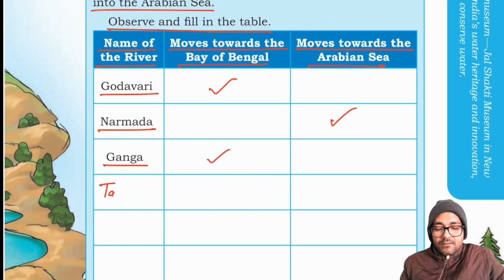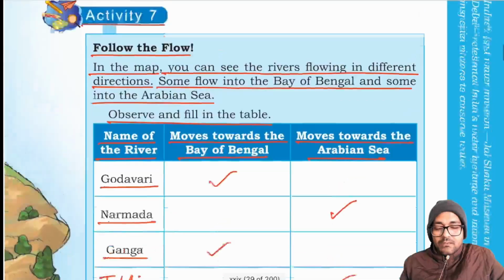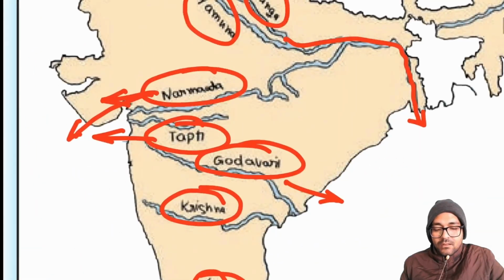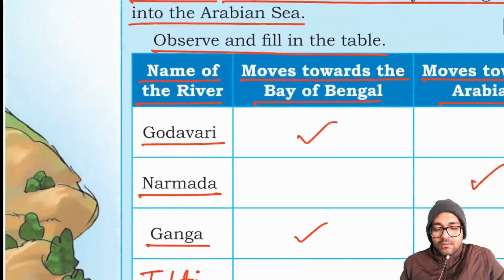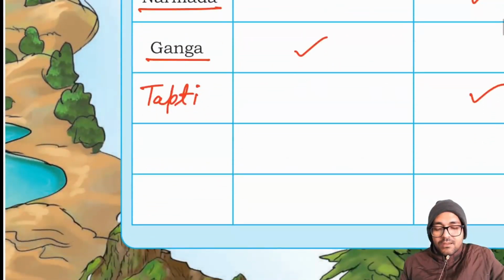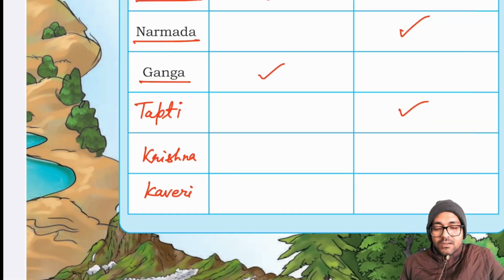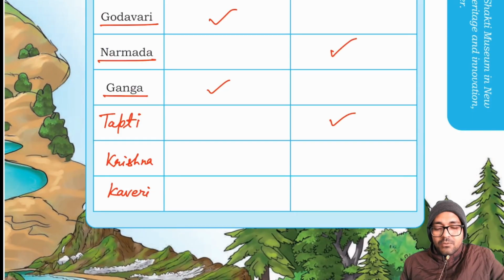Similarly, Tapti drains into the Arabian Sea. Similarly, Krishna and Kaveri, both are draining into the Bay of Bengal.